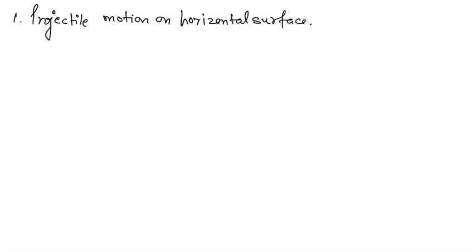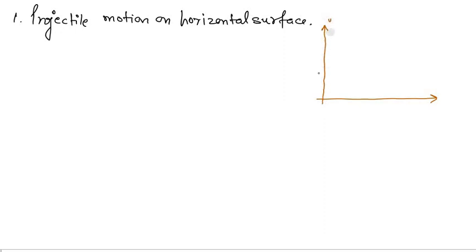Consider there is a horizontal surface. This is the x-axis, and this is some vertical y-axis. Let's call this the origin. Initially you have a particle of mass m at the origin, and you give it an initial velocity u at some angle theta.